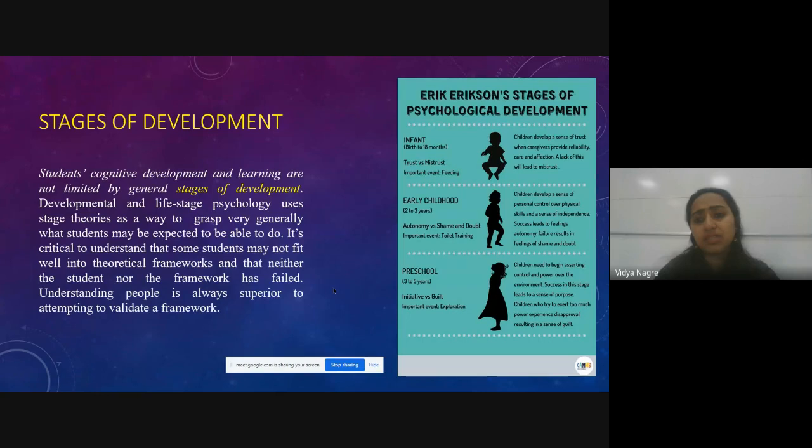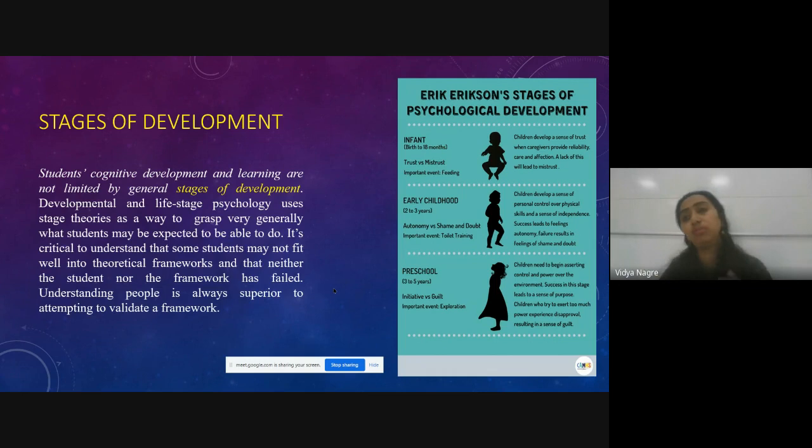Erikson has given certain stages of development of a child, or a learner, but not all students fit in those levels. So a teacher must understand that the stages of development might differ for certain children, and there might be certain reasons behind it. For example, a certain child might be a slow learner, or some may have some mental trauma, due to which the child could not cope with the fast-going study, or the child may have a year's gap or educational gap.